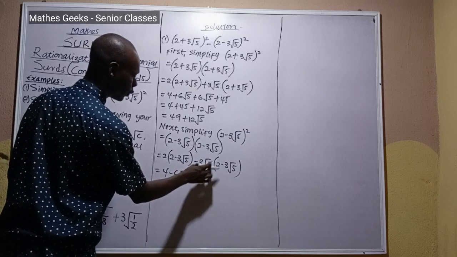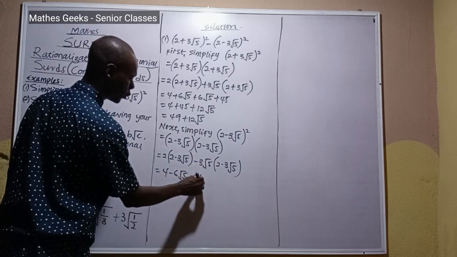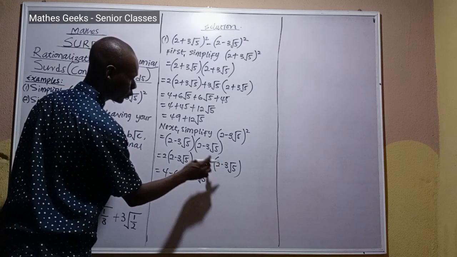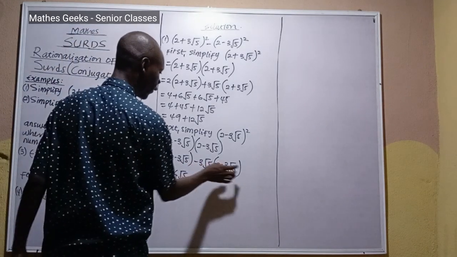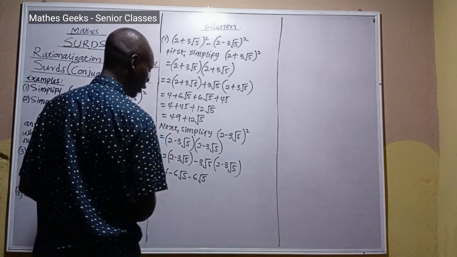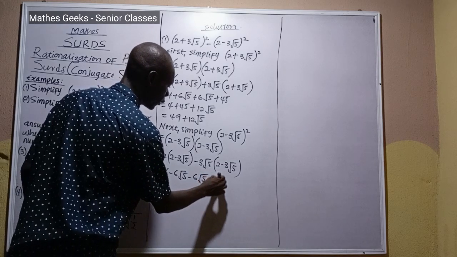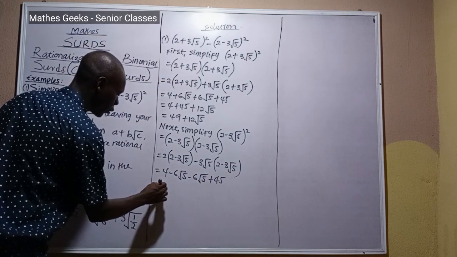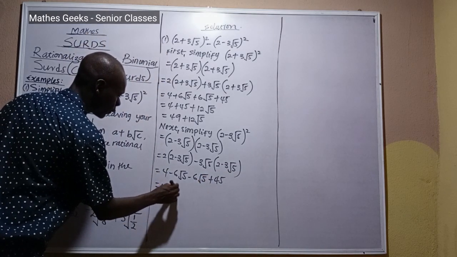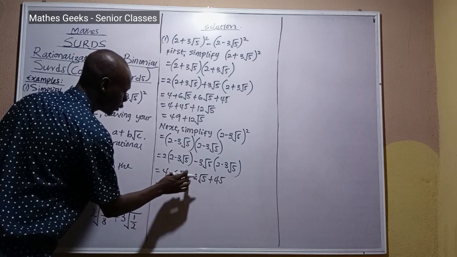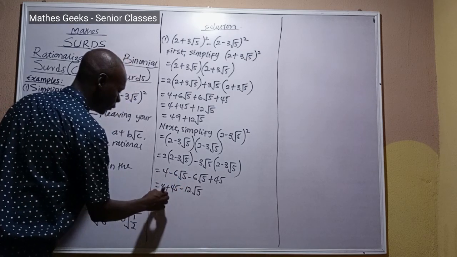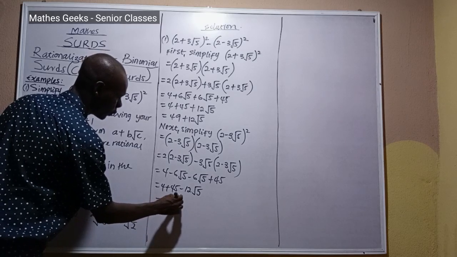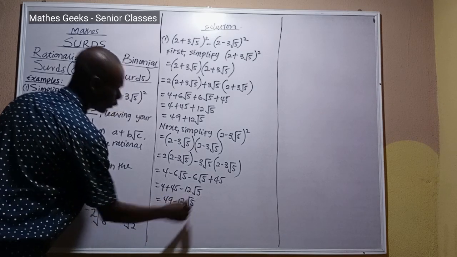Minus 3 root 5 times 2 gives minus 6 root 5. Minus 3 times minus 3 gives plus 9, root 5 times root 5 is 5, and 5 times plus 9 gives plus 45. So this gives us 4 plus 45, minus 6 root 5 minus 6 root 5 gives minus 12 root 5. This is equal to 49 minus 12 root 5.